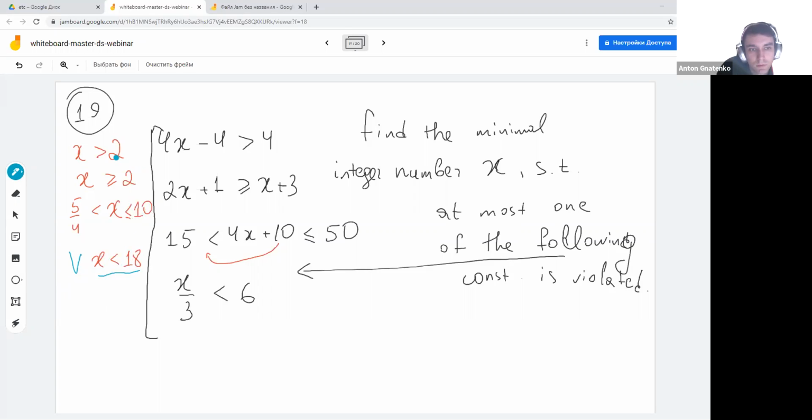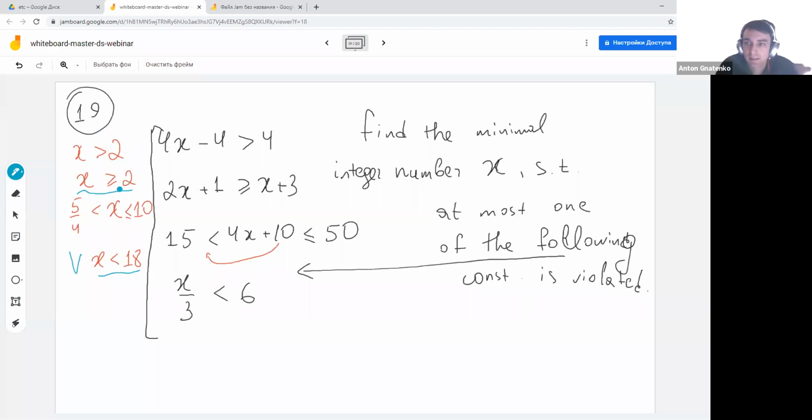Going further, let's look at these two constraints. If this constraint is violated, the second one, then of course the first one is also violated.